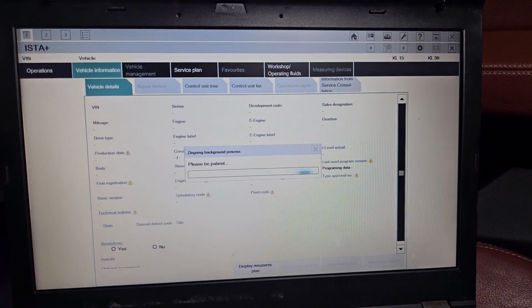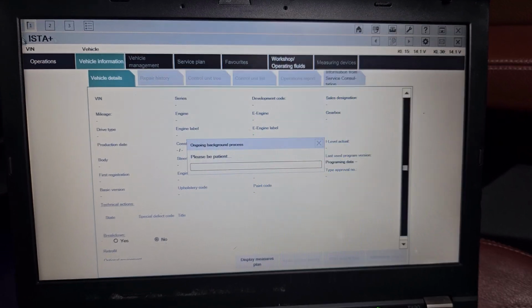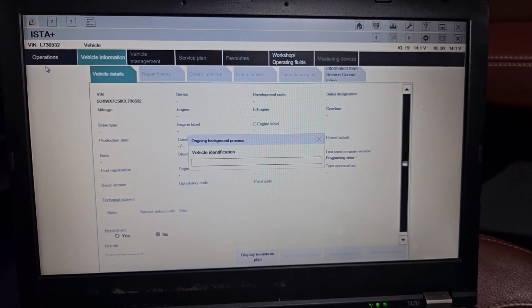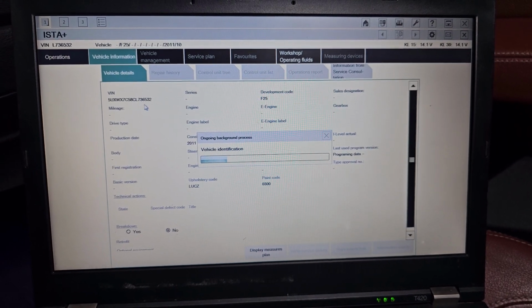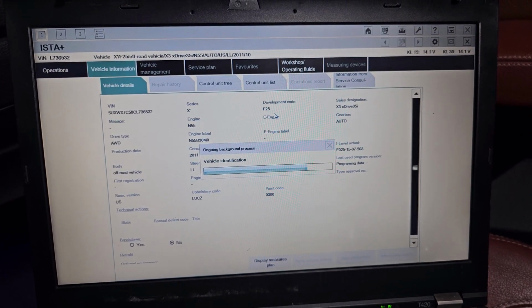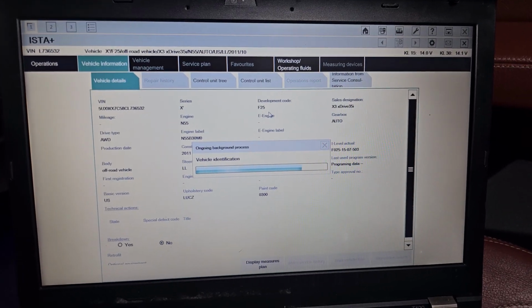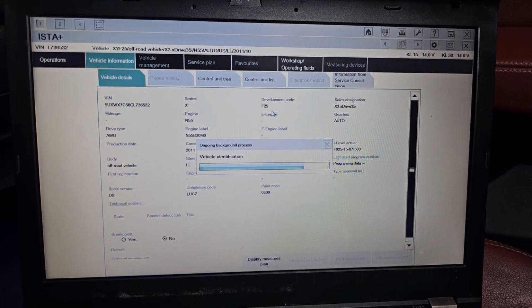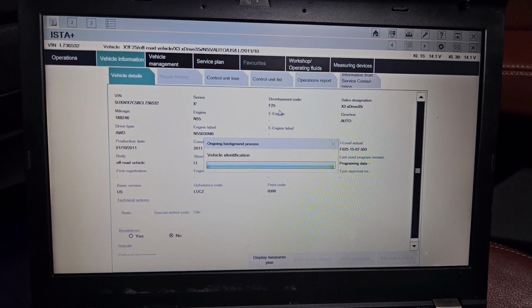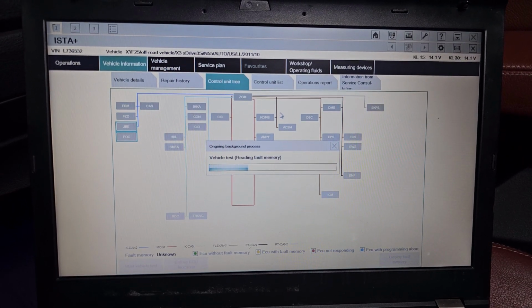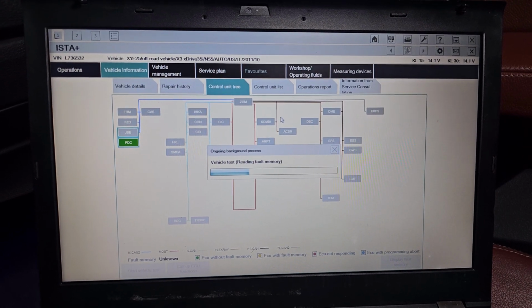Now from here I will go to this section here. BMW is communicating, X3 F25. That's the information for the car. And now it goes directly to read the modules.